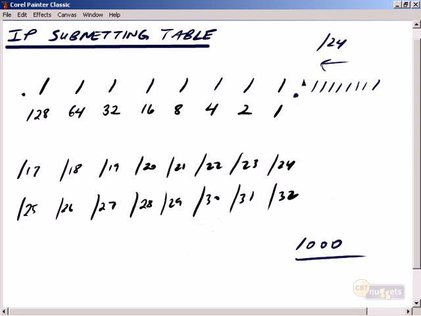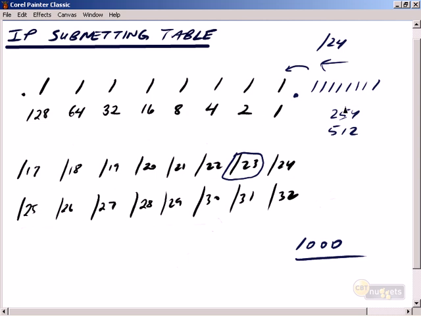Well, this is pretty easy. If taking a 24 mask gives us 254 hosts, okay, if we supernet and we go one more this way, which by the way would be /23, right, instead. Well, if you just double this, 254 times 2 is 512, and we know it doubles, right? 1 doubled is 2, doubled is 4, doubled is 8, doubled is 16.